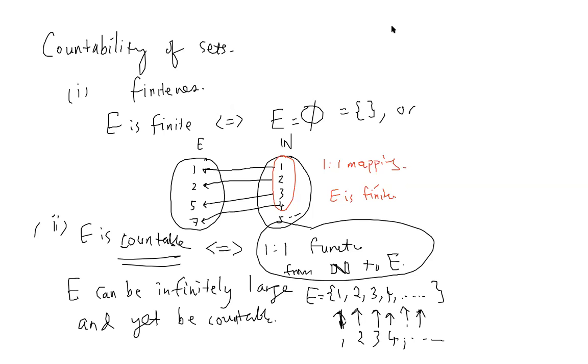Let me clear the whiteboard a bit. How about this set? Maybe I'll just draw it like this. How about if you have a set that is like this: 0, 1, 2, 3, 4, 5, and so on.